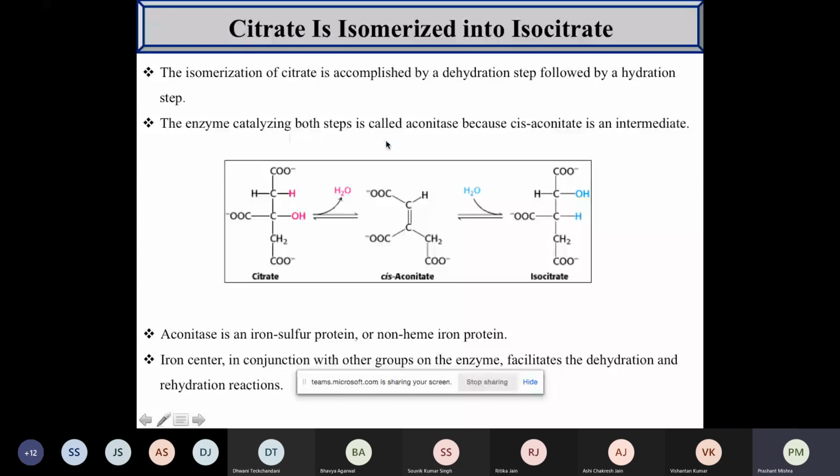The enzyme catalyzes both steps, and the enzyme here is called aconitase because cis-aconitate is an intermediate. So it is named based on this intermediate molecule. It is an iron-sulfur protein, so don't worry about that. It is named based on its catalytic reaction, and it has iron in the center.